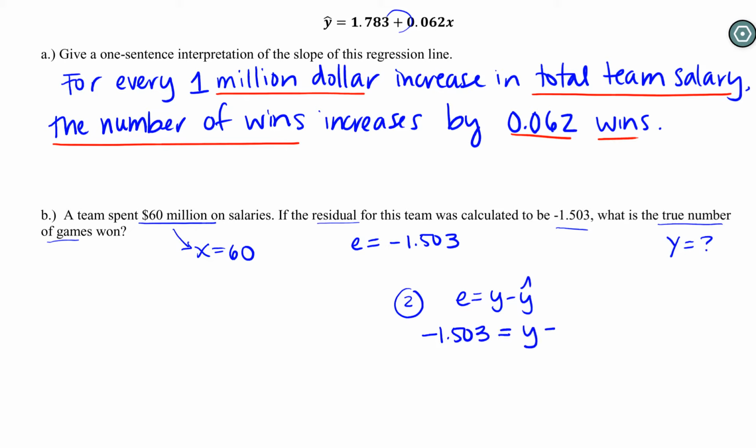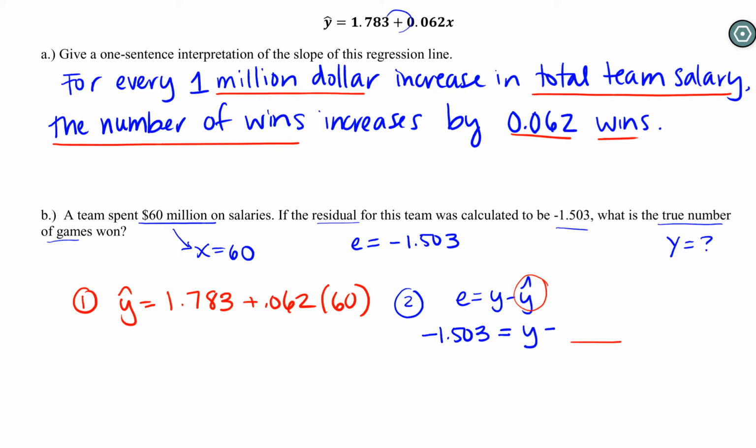If only, just like the previous example, if only I had a y hat, I would be able to do this problem, right? But oh, right, I know how to get y hat. To find y hat, all I have to do is plug x into the regression line. So 1.783 plus 0.062 times that 60. I just need to type that into my calculator and see what the heck our predicted value is.